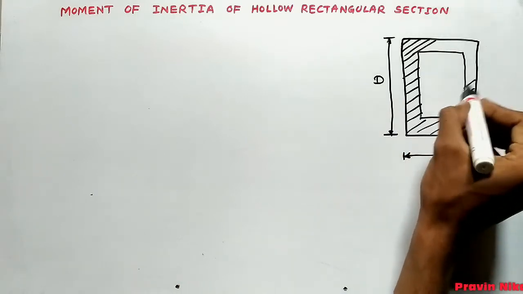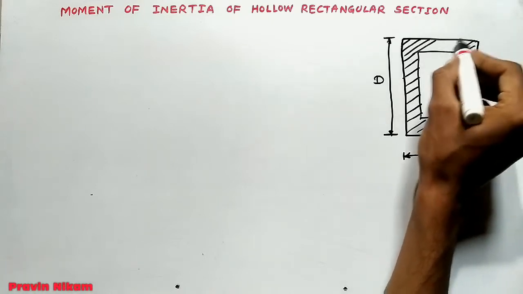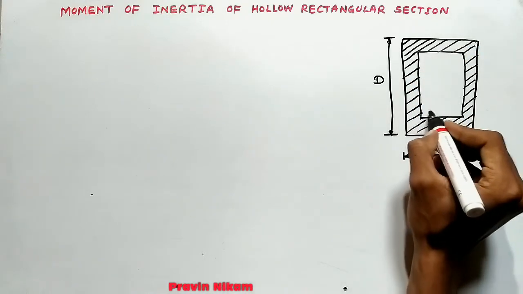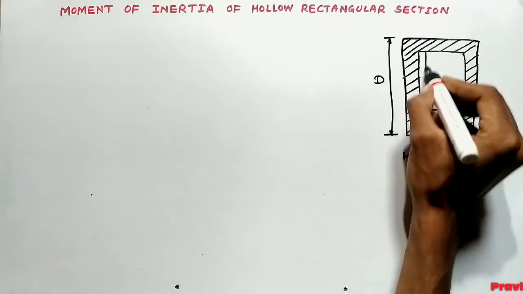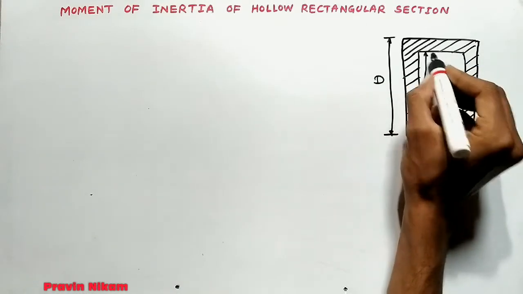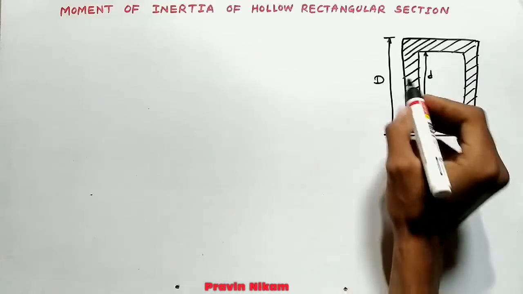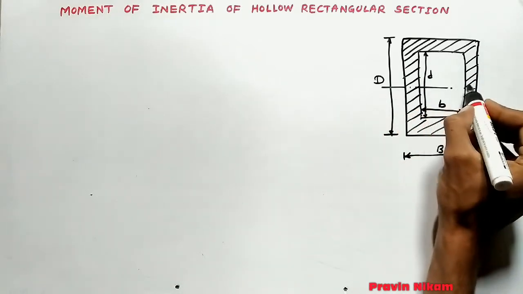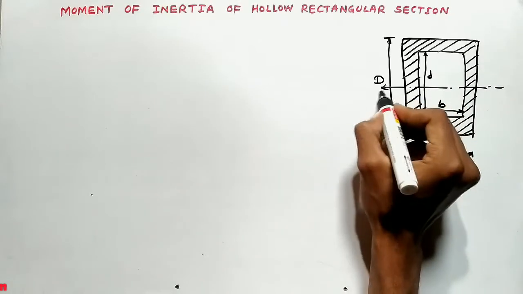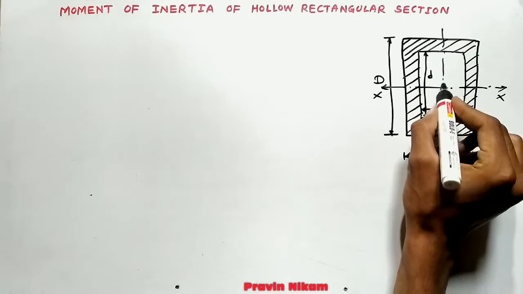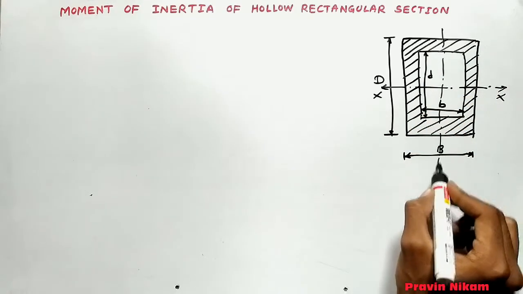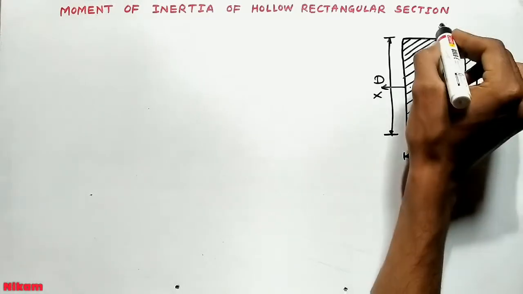So this is a hollow rectangular section. Now the width of the inner rectangle is small b and its depth is small d. This is the horizontal centroidal axis xx and this is the vertical centroidal axis, that is y.